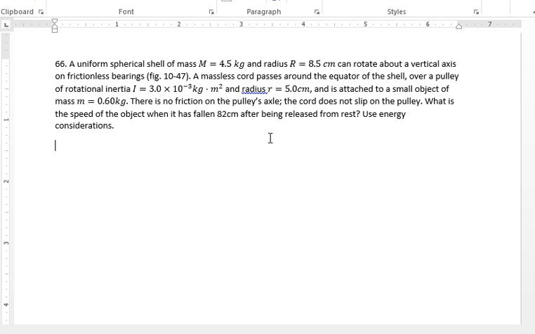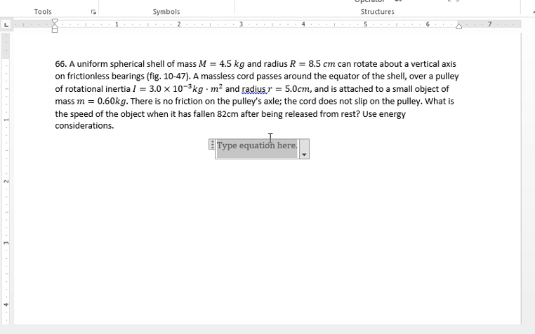All right, excellent problem. When we start out at the beginning of this problem, there's no kinetic energy anywhere. We have a uniform spherical shell rotating about a vertical axis on a frictionless bearing, with a massless cord over a pulley.